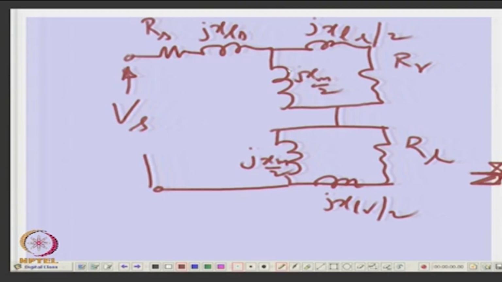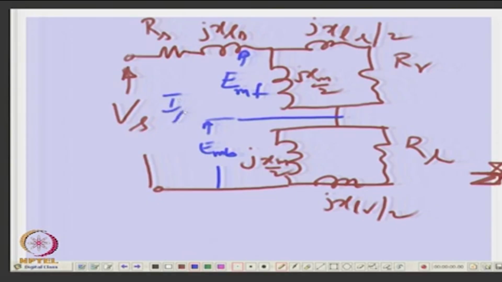Great. So, this voltage you can call EMF, due to forward, and this voltage will be EMB, due to backward. Of course, this current will be IS or I main or whatever it is.